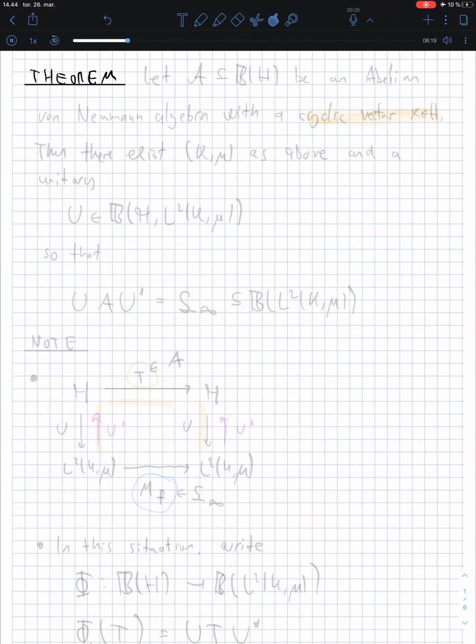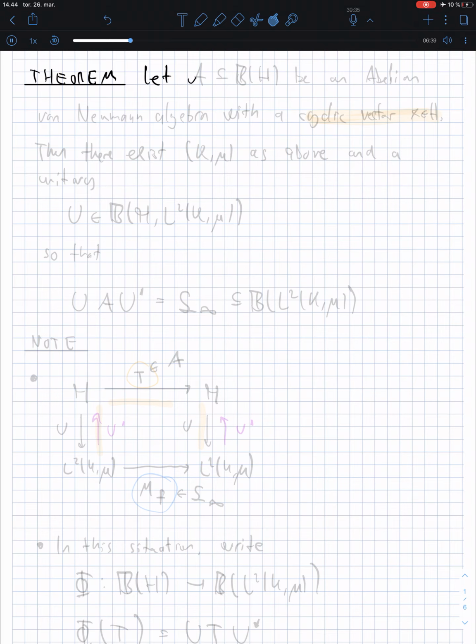Okay, so now I'm ready for my theorem, and in a sense it is a very satisfactory theorem, but it has an assumption, namely I'm going to ask for a cyclic vector, and that is a very strong assumption, and we're going to talk about how to remove that assumption a little bit down the road. But here goes.